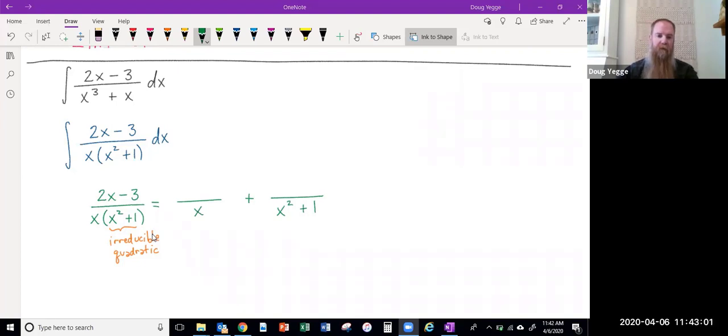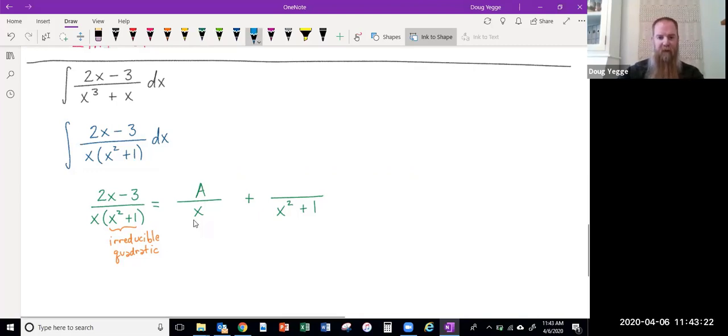Okay, but now what we should recognize is, since this right here is x to the power of 1, this first linear factor, I know that the numerator would have to be a degree less. So this would have to be a, meaning a constant, over x. But over here, I should realize that this has the highest power of 2.